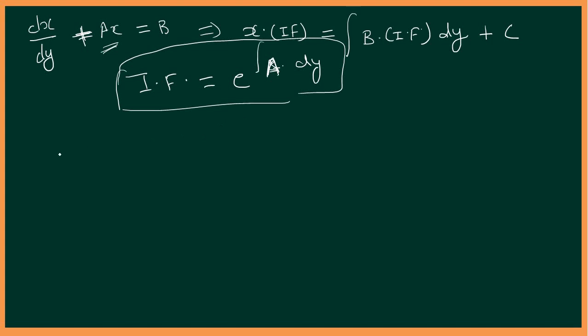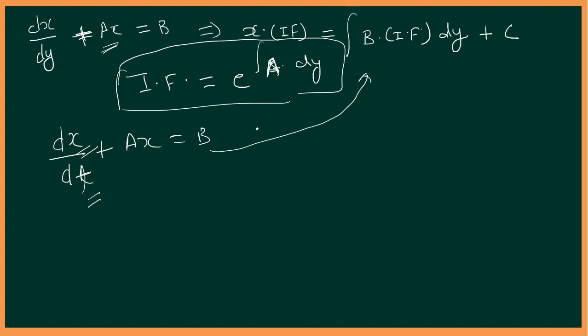If you get another example like dx/dt plus ax is equal to b, here also x is the dependent variable and t is the independent variable, so you can change the equation accordingly.